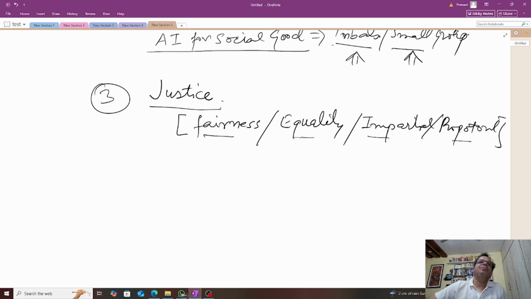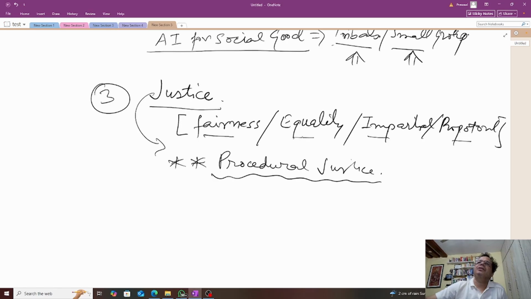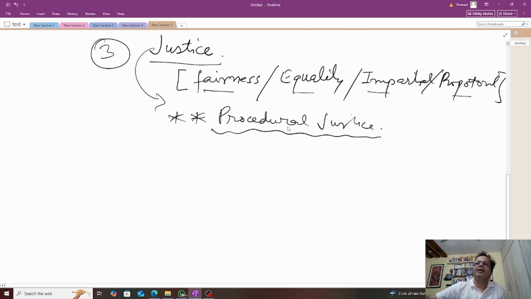And then justice can also be further classified into smaller categories. There can be procedural justice, and this is from the GARP reading itself, they have classified justice into smaller categories.